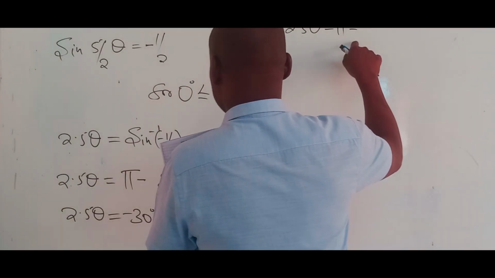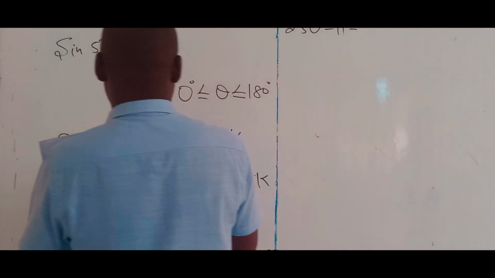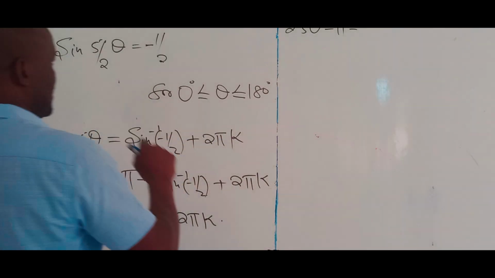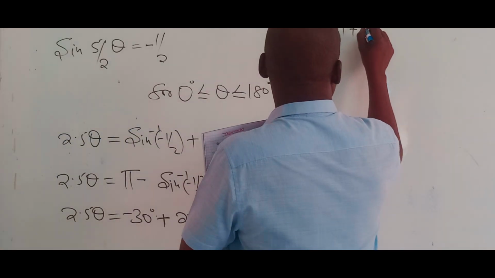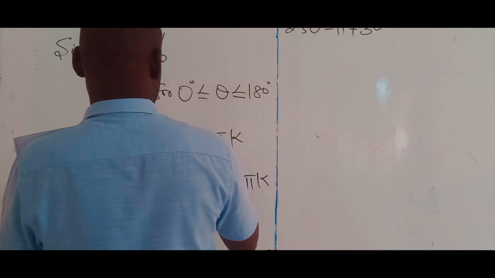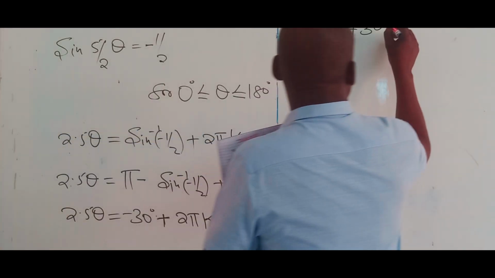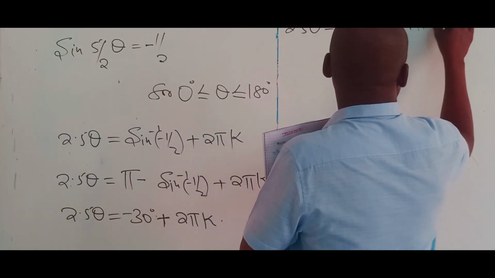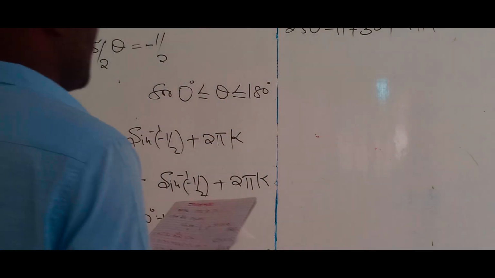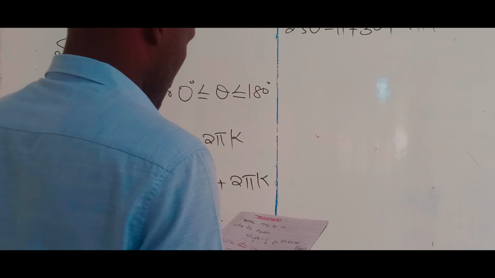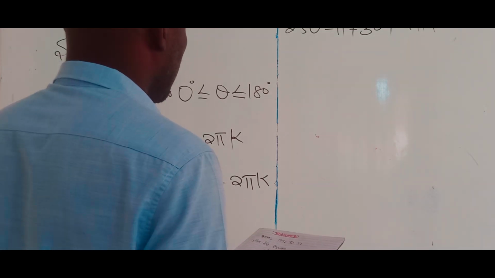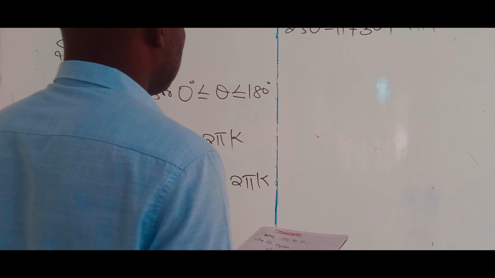So it's pi first, but now it's minus minus 30, so it becomes plus 30 degrees plus 2 pi k. So those are the two possibilities that we can have while expressing the values of theta.